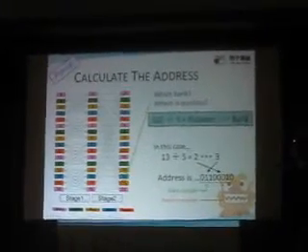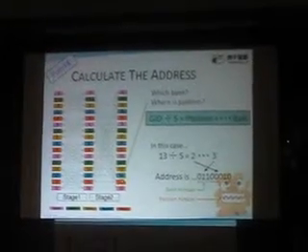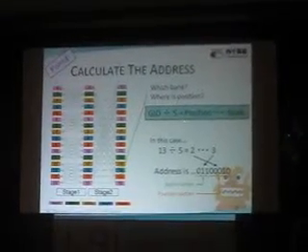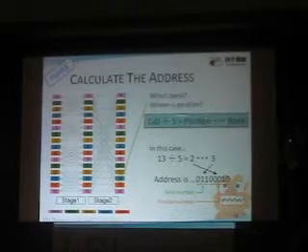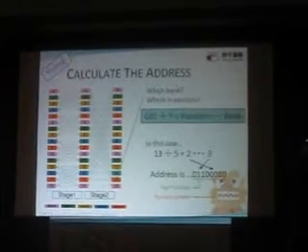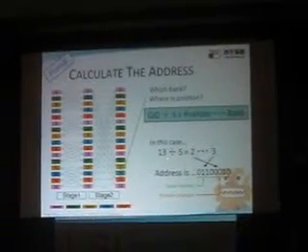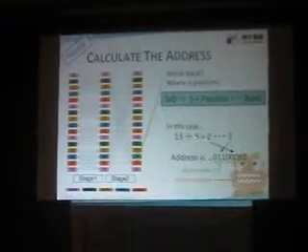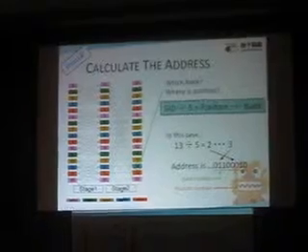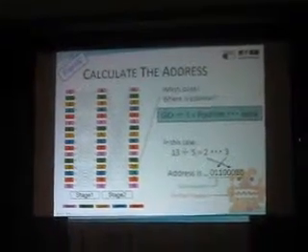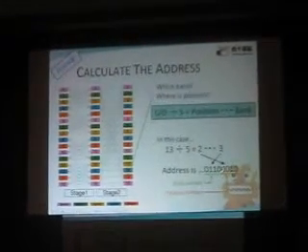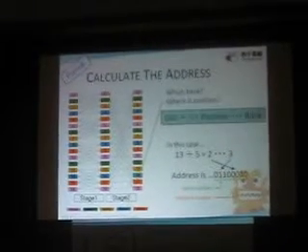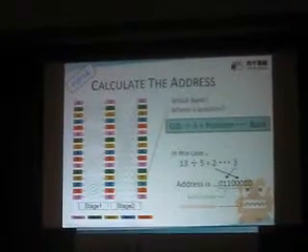If we calculate the address here, we use this equation. In this case, GID is 13, so 13 divided by 5 equals 2 with a remainder of 3. Therefore, the address is 0, 1, 1, 0, 0, 1, 0, 0, 0, 0, 1, 0. Okay, let us move to the next section.